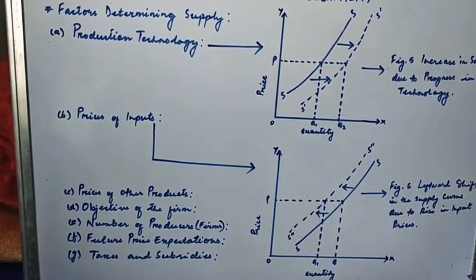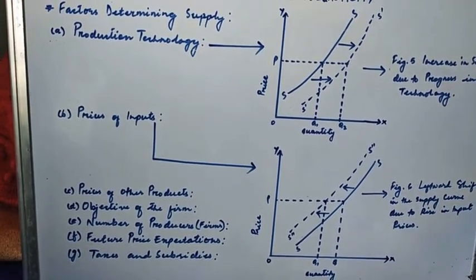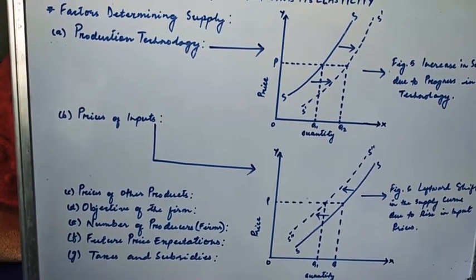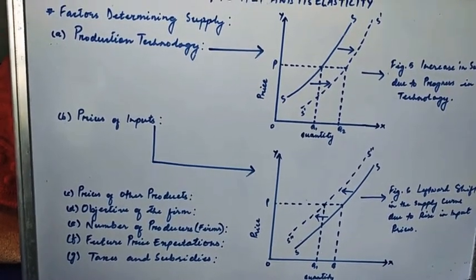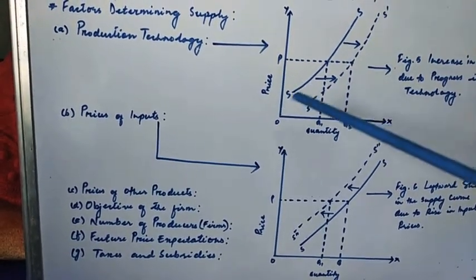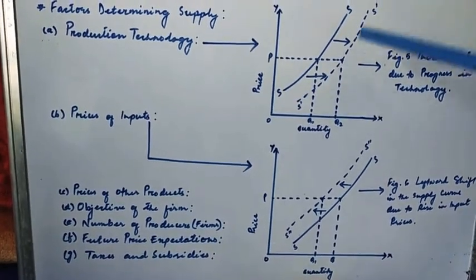So we have seen in the previous classes that the effect of changes in price of a product on the quantity supplied of it is explained by the movement along the given supply curve. So movement along the supply curve is because of the changes in prices. What about the shift in the supply curve?